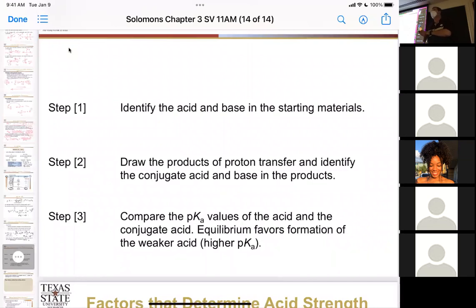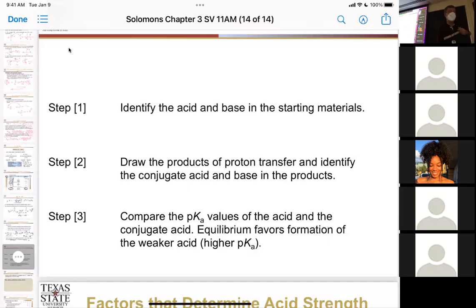And we compare the pKa of the acid to the conjugate acid. That will tell you which direction the reaction is going to go, whether the products are favored, going to the weaker acid on the product side, or whether the starting materials are favored, going to the weaker acid on the reactant side. Sometimes reactions won't even go because there's not enough acidity on one side or the other, and it's already the weaker acid, and there's no reaction.